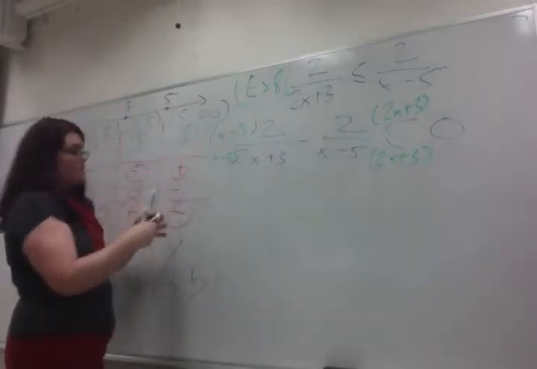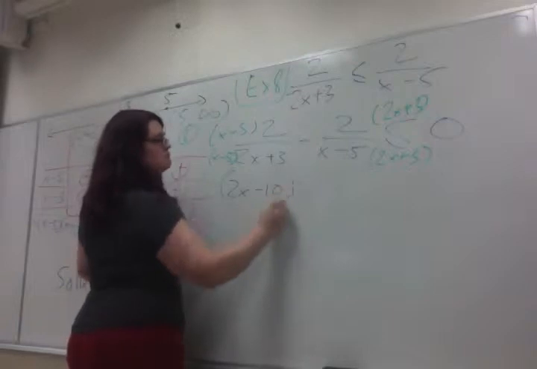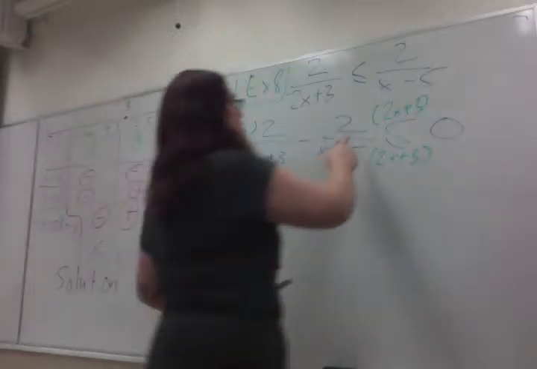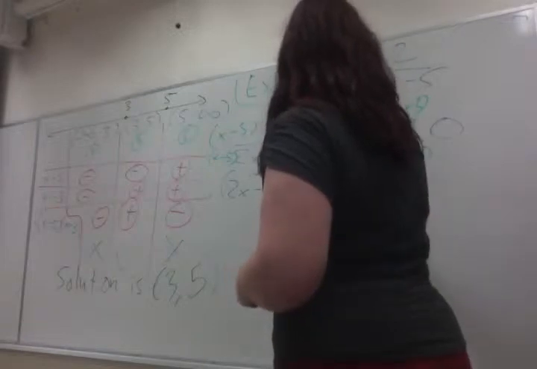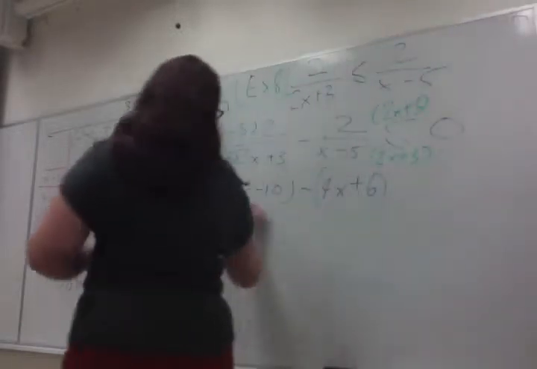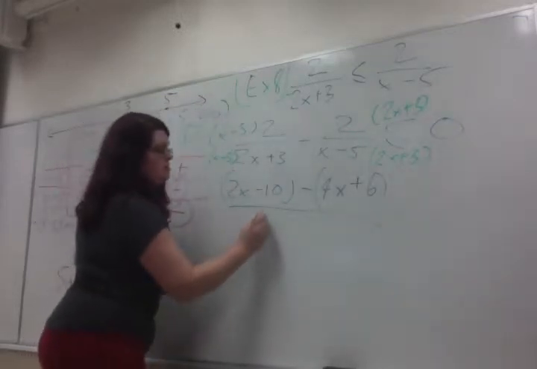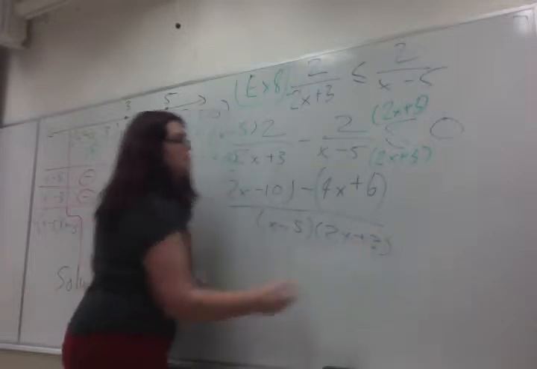When I do that, the top of this guy will be 2x minus 10. The top of this guy, 2 times 2x will be 4x. 2 times 3 will be 6. So we have 2x minus 10 minus 4x plus 6. And the denominator will just be x minus 5 times 2x plus 3.